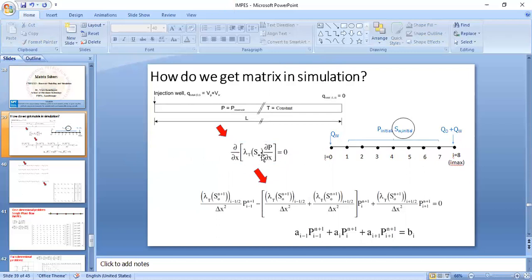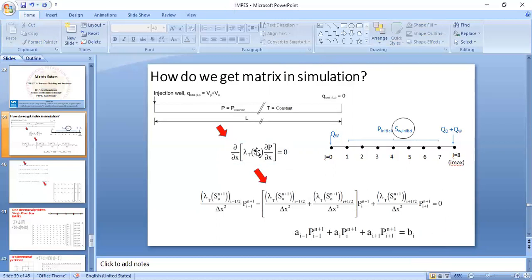It is a steady state equation, and because the temporal derivative is not there, it is a very simple equation. For this equation, we had divided the whole domain into an I max number of nodes, and excluding the boundary nodes, we had to substitute I equal to 1 to 7 in the discretized equation. So the final discretized equation is like this. This is the mathematical form, and this is the numerical form.